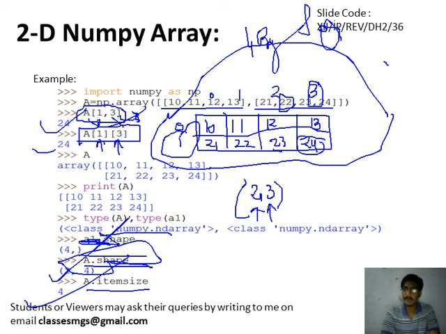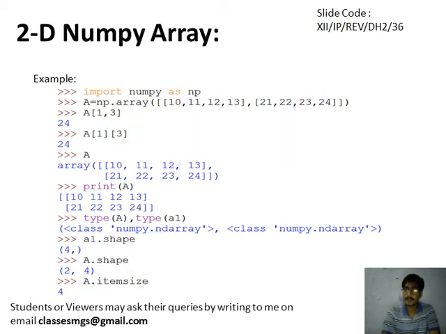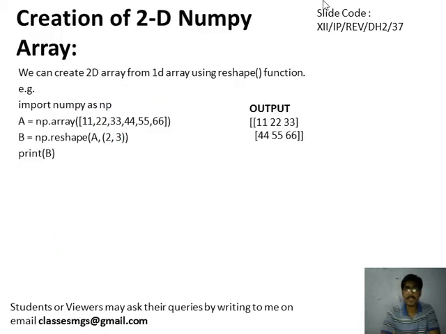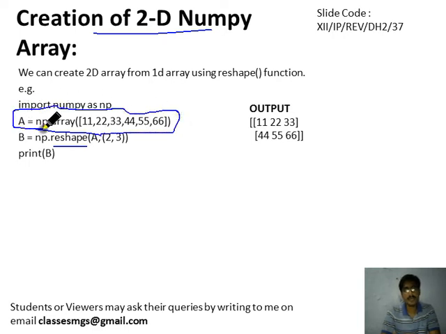Let's move ahead. Now we will see how we can create the two-dimensional NumPy array using the reshape method. The reshape method is used to create a two-dimensional array from a one-dimensional array.